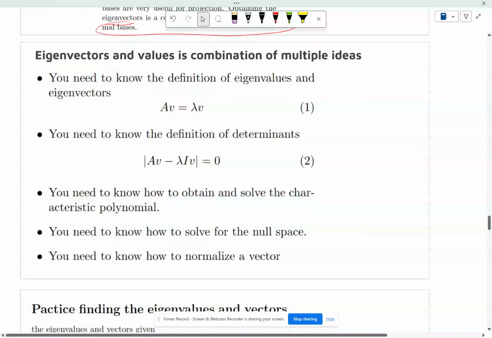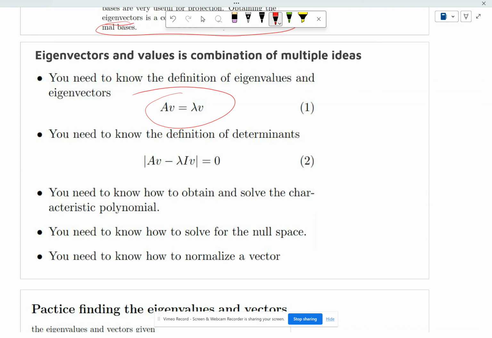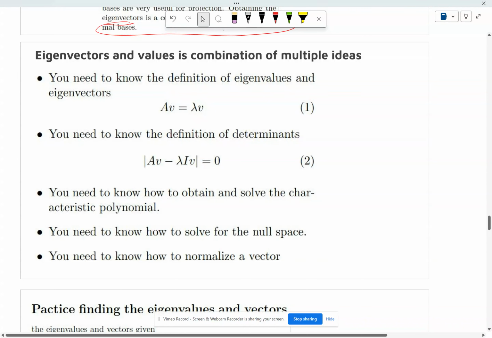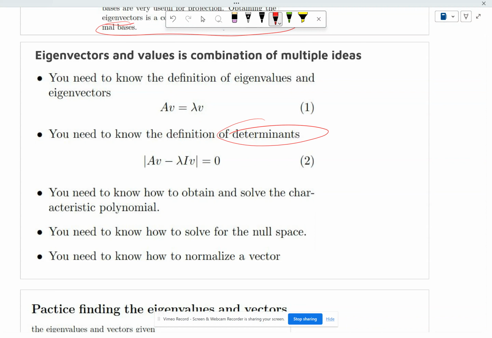Now, eigenvectors and eigenvalues are really a combination of a lot of ideas that we have done so far. First, you need to know the definition: an eigenvector multiplied by the matrix is equivalent to the eigenvector multiplied by some number. And then you need to understand the definition of determinant, then how to calculate the determinant and obtain the characteristic polynomial. And then you need to understand the concept of null space.